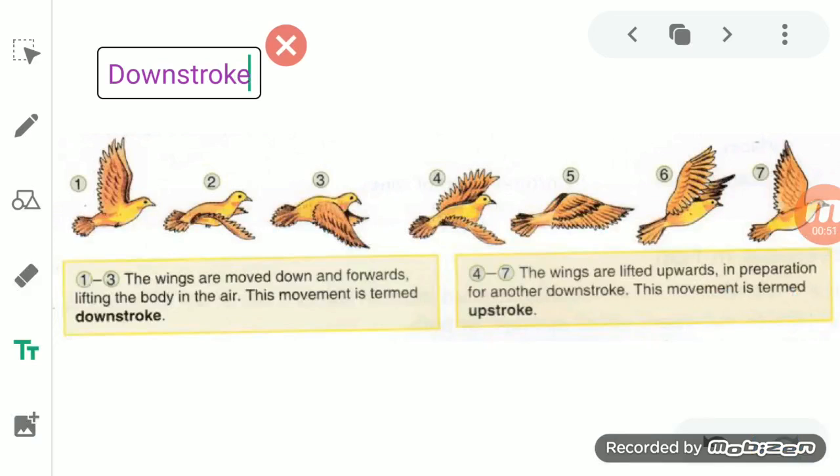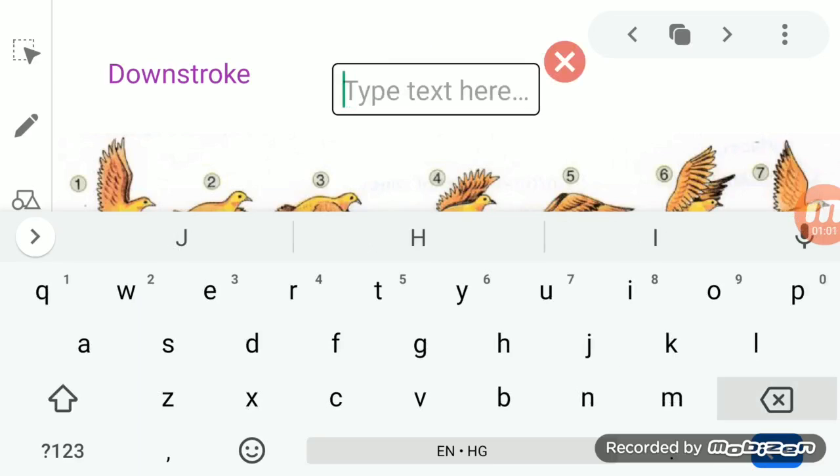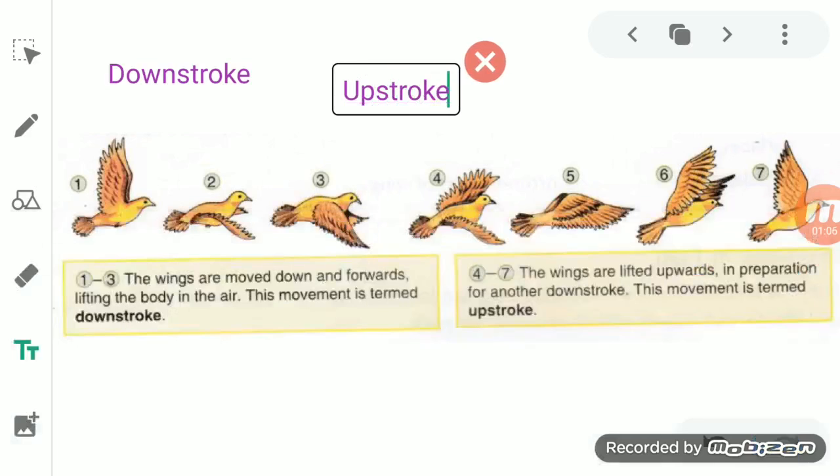While when the bird moves its wings up, then we call it an upstroke. So when a bird moves its wing down, we use the term downstroke. When the bird moves its wing up, we use the term upstroke. Now the bird moves its wings up and down quickly, meaning this downstroke and upstroke are continuously occurring.